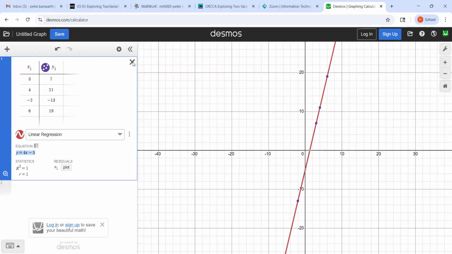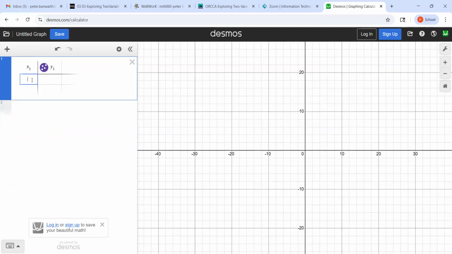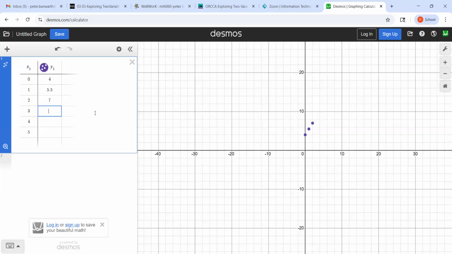Let me give you an example now of wondering if I've got a nice linear equation or not. I might keep it simple on the x values.